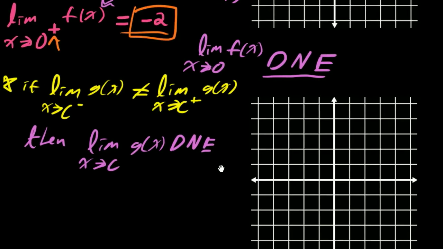And actually what I'm going to do now, let me get some more space over here. There, that'll be good. Let me go back to the function that we defined, I guess 2 videos ago. We said that f of x was going to be equal to negative x for minus infinity less than x less than 0.